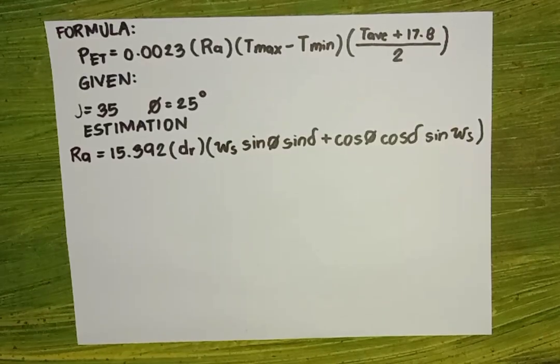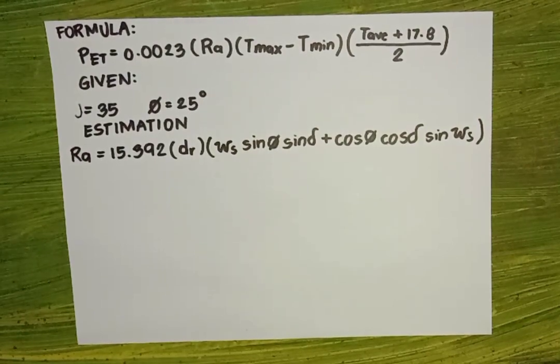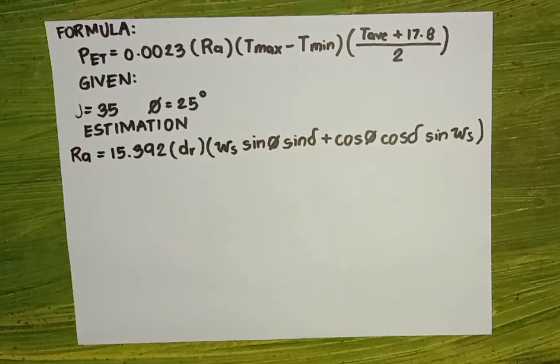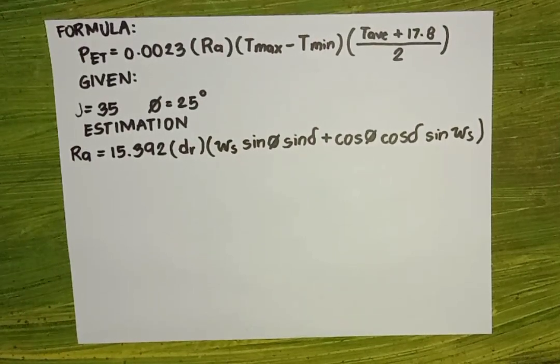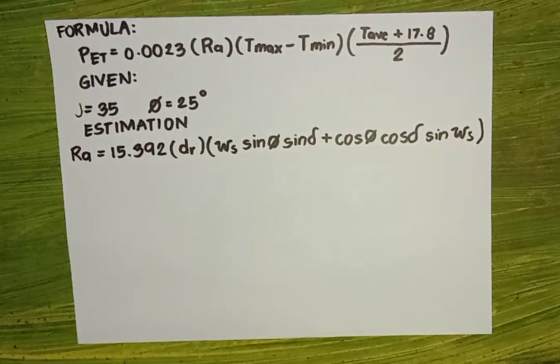Given the formula 0.0023 times R sub A times T max minus T minimum times the T average plus 17.8 over 2, our given data is our J is 35 and our phi is 25 degrees.